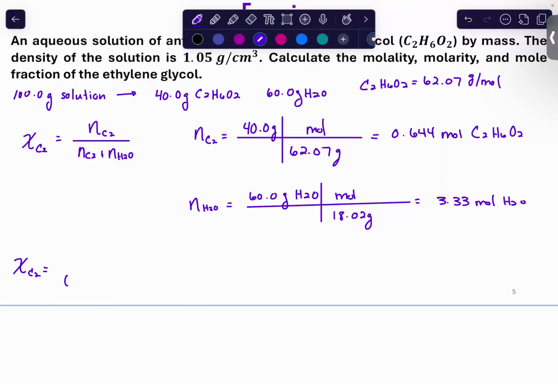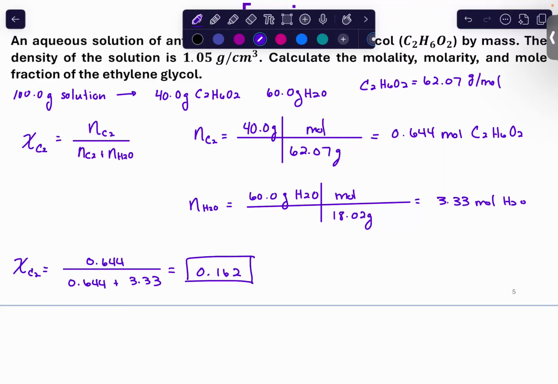Okay, so we're going to have 0.644 over the total. I don't need the parentheses, but my mole fraction will be 0.162.